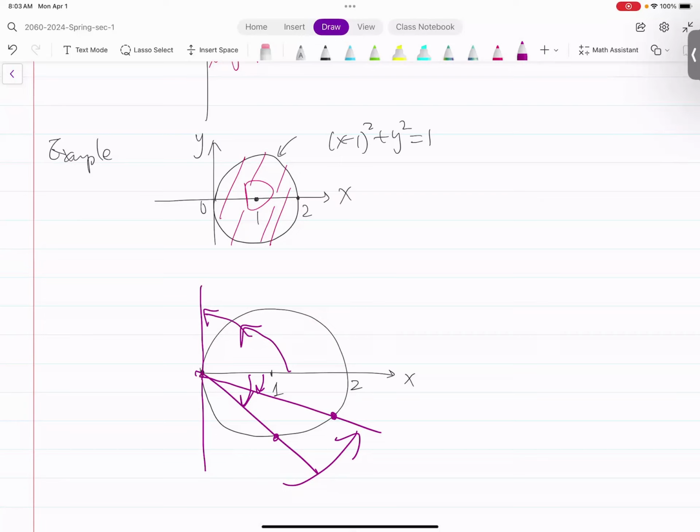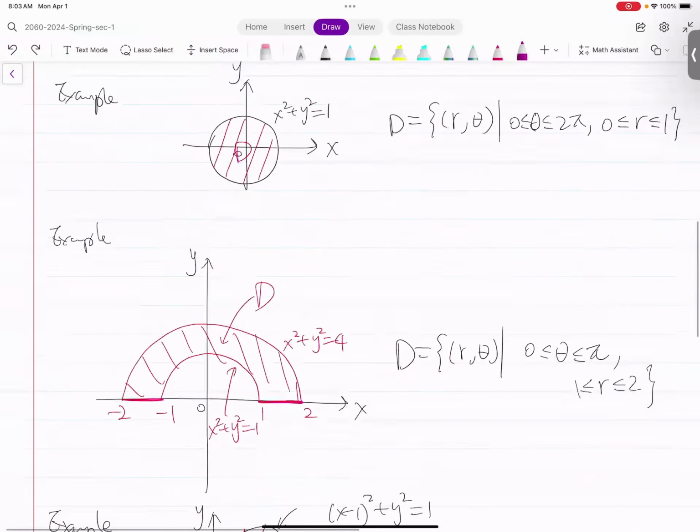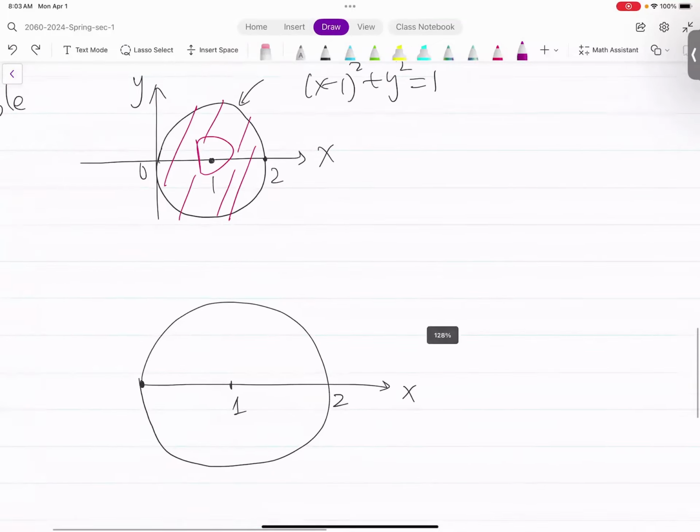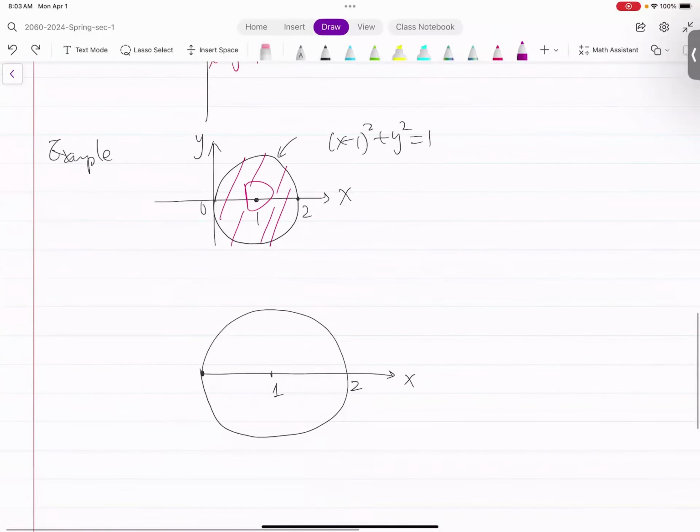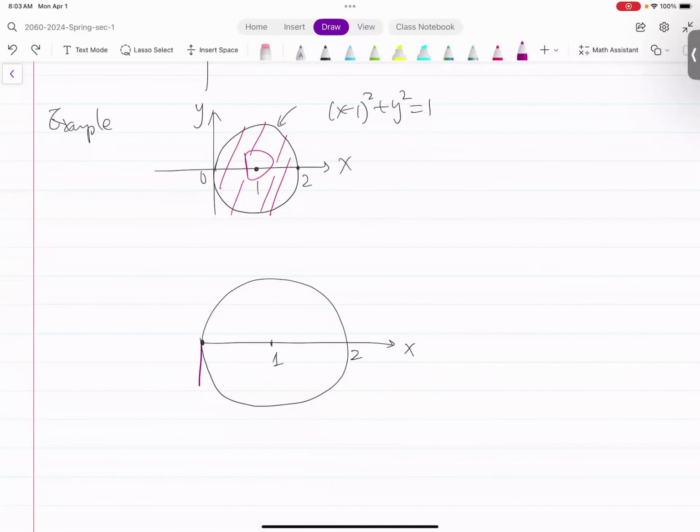So we can specify that range first. Here we don't really have the vertical axis in the picture, but that still represents the most negative theta value. So this is theta equals negative pi over 2, and here this is theta equals pi over 2.